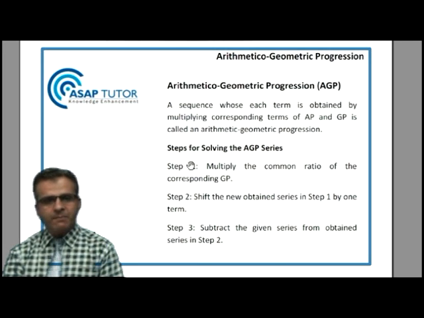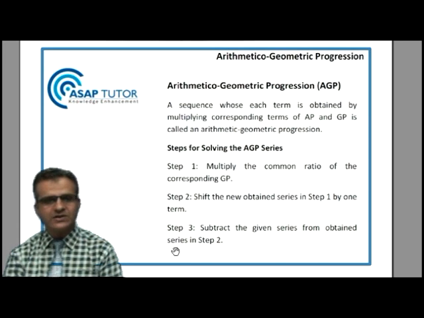Now whenever we have to solve problems on arithmetico-geometric progressions, we generally use these three steps. The first is to multiply by the common ratio of the geometric progression. In this AGP, first of all we segregate the AP and the GP, from the GP we find the common ratio, and then we multiply by that common ratio.